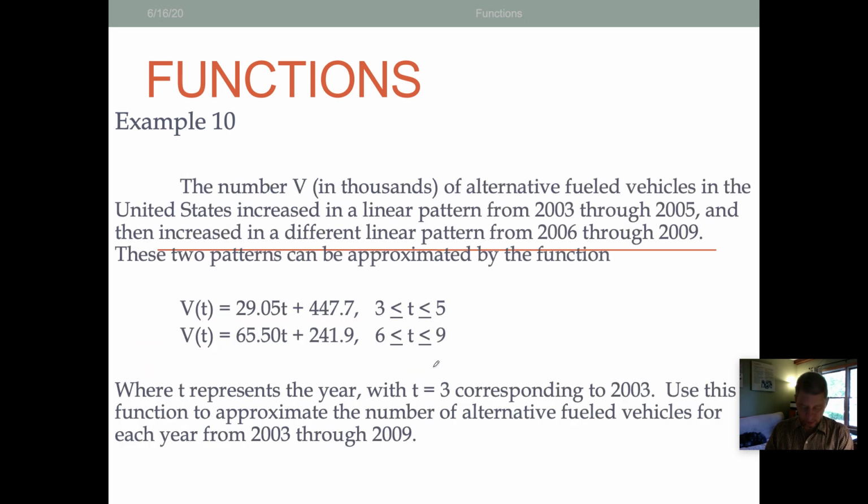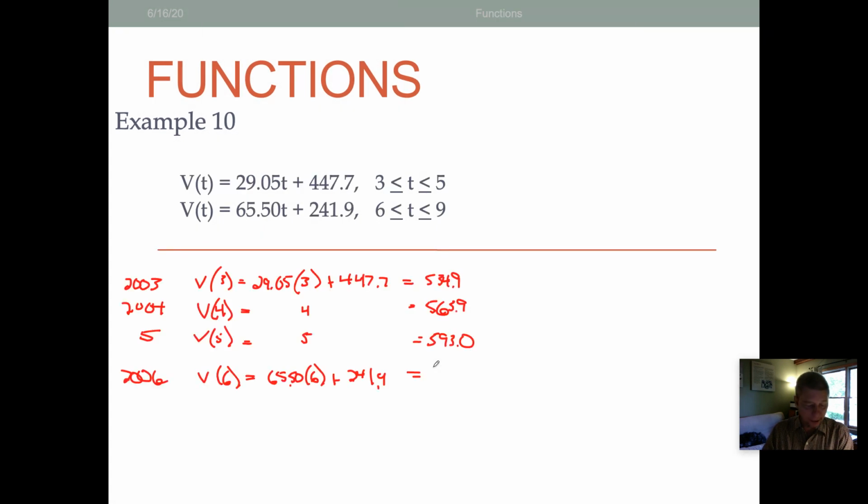But if you do the math, you end up with 634,900. In 2007, it's V of 7. Same equation as here, except that we plug in a 7 instead of a 6. That gives us 700,400.